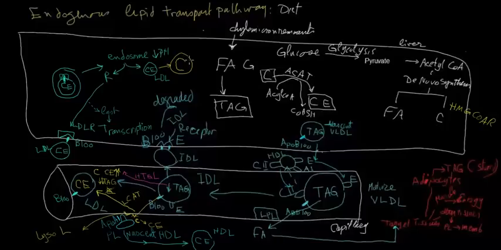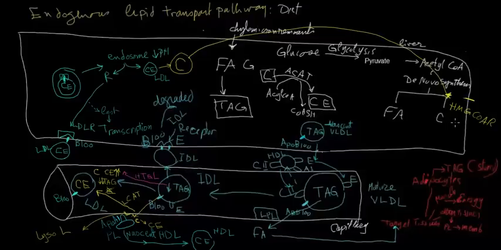So externally derived cholesterol is going to downregulate the synthesis of HMG-CoA reductase if it is high. So if the cholesterol level is high, it's going to downregulate the de novo synthesis of cholesterol through downregulation of the enzymes, especially the rate-limiting enzyme HMG-CoA reductase. And this takes place at two levels.